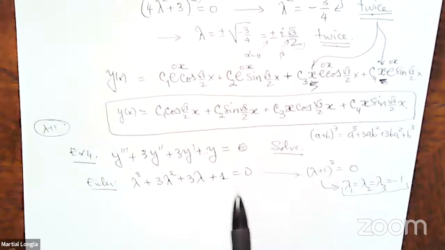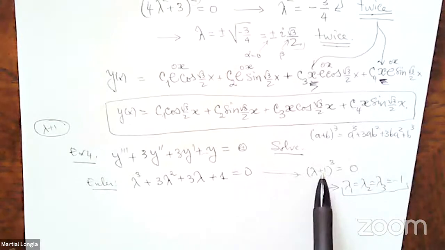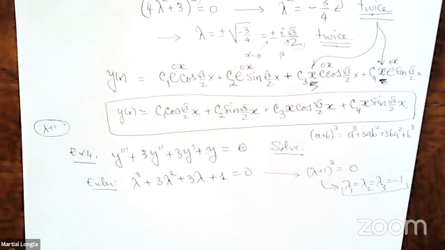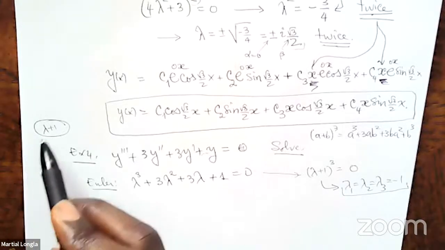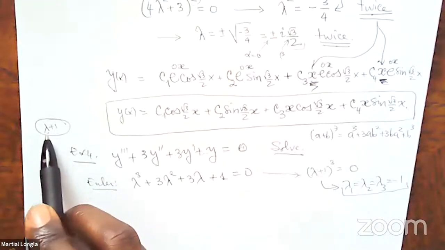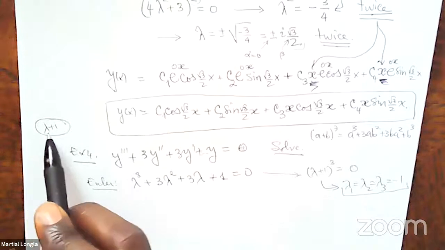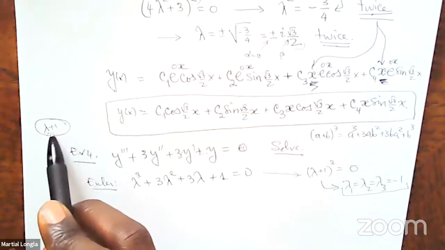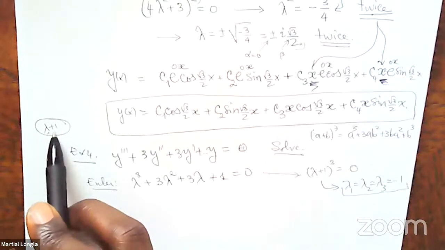In this problem, it was easy to see that it's lambda plus 1 cubed equals 0, but in another problem it might not be that easy, but you can still figure out one root. And if you can figure out one root, how do you use it to help? Right here, I'm saying you want to factor out lambda plus 1 because you already know that minus 1 is a root.